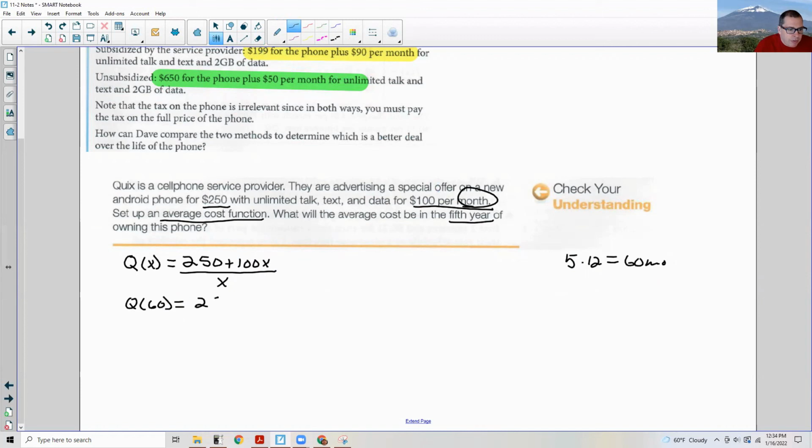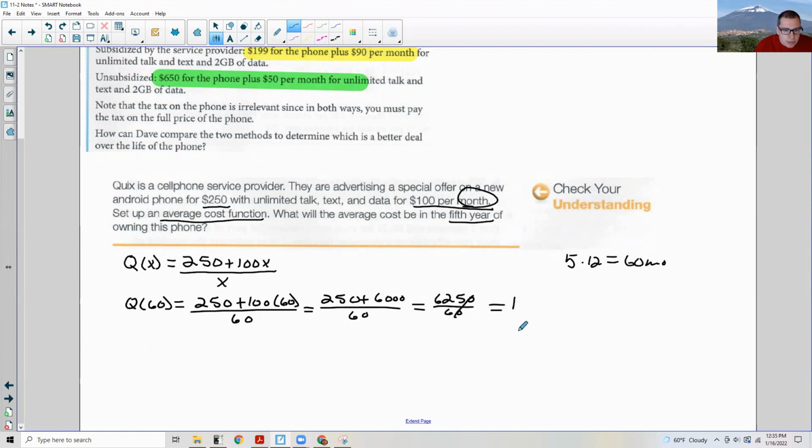So it's $250 plus 100 times 60 divided by 60. And that is going to equal $250 plus 6,000 divided by 60, which equals 6,250 divided by 60.